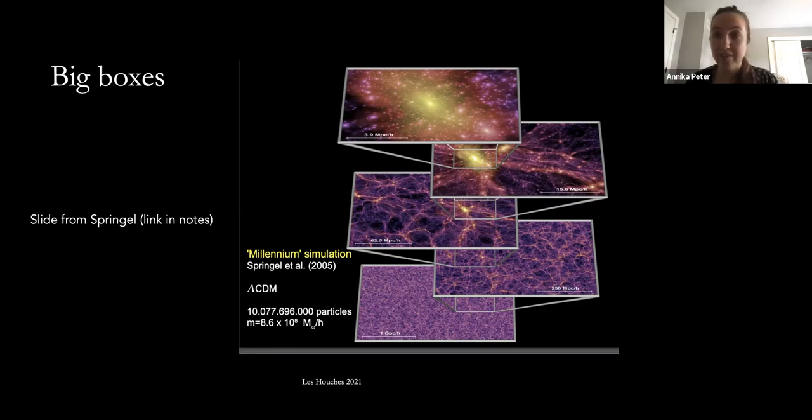So if you look at a lot of the interpretation papers for the Sloan Digital Sky Survey, for example, there were comparisons made to the Millennium simulation in particular. So again, these big box simulations are great for comparing to the wide field surveys.